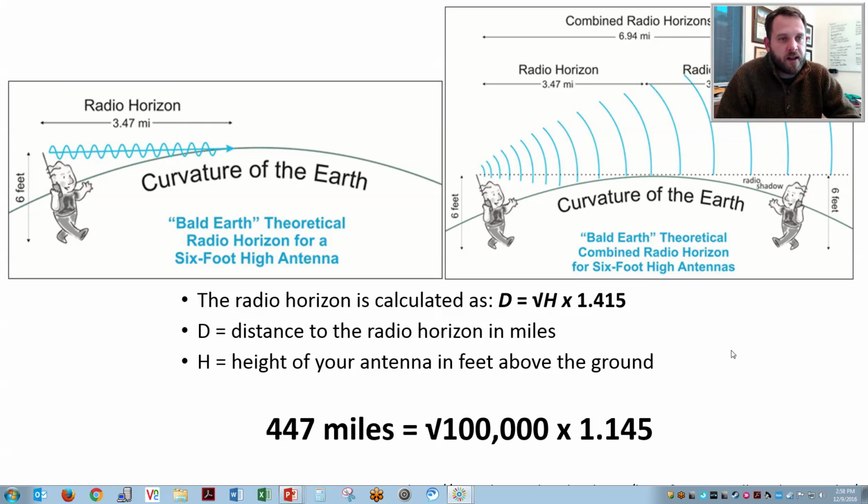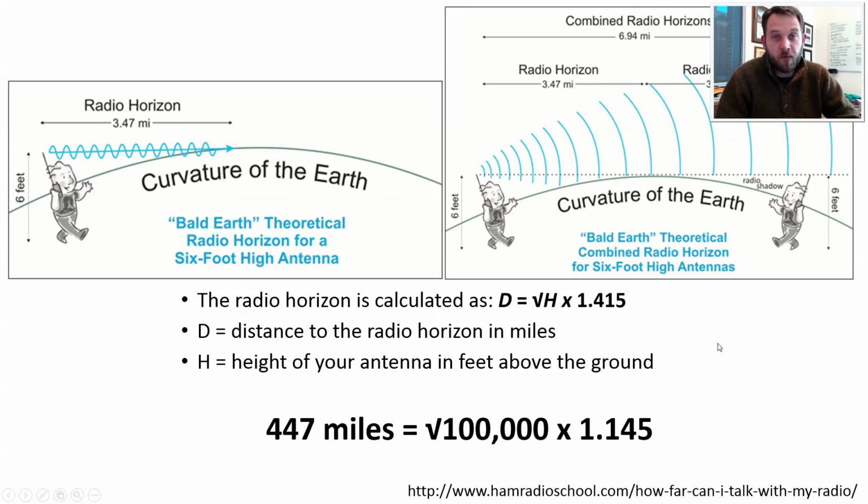And so, without getting into the deep, real geeky math, from approximately 100,000 feet, according to this equation, we could have, in theory, had about a 450-mile radio horizon range.